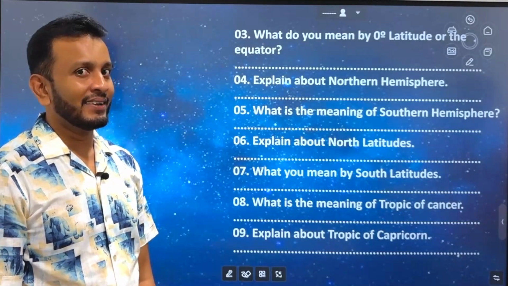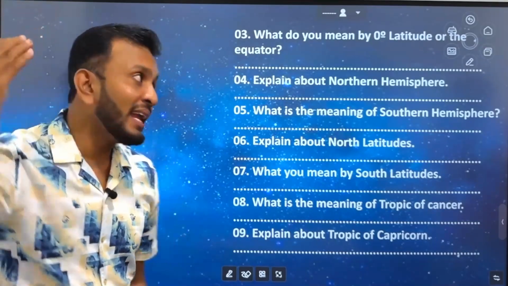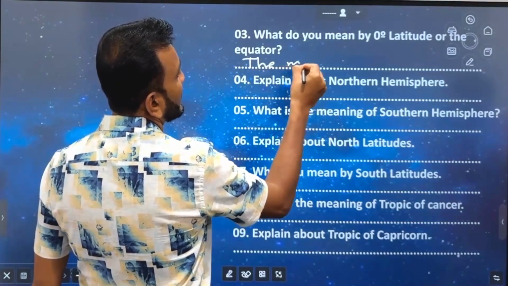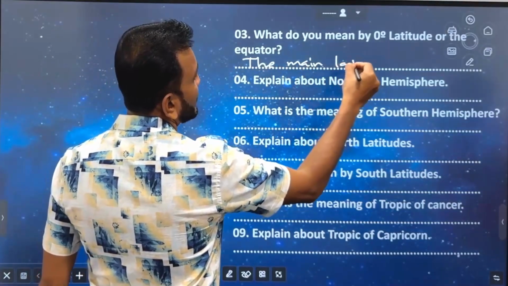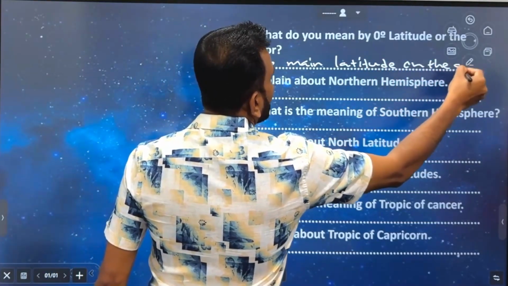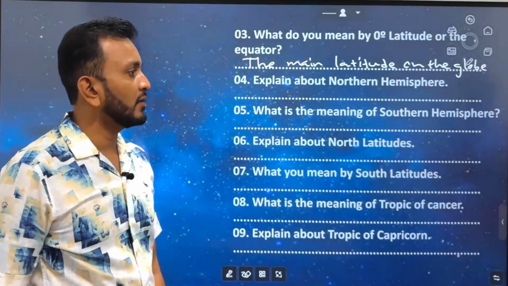The middle latitude. When we think of the middle, it is the main latitude on the globe. The main latitude on the globe.